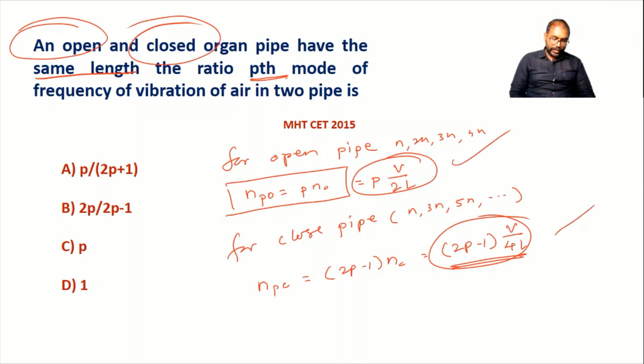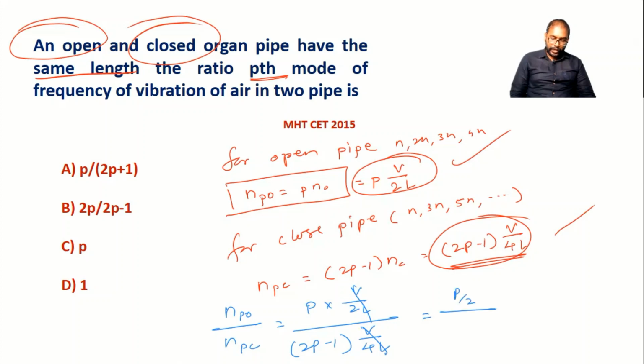So hence the ratio is the frequency of the pth mode for open pipe to the frequency of the pth mode for closed pipe. It is P into V upon 2L, and here it is 2P minus 1 into V upon 4L. Now V by L cancels. Then we get P by 2, and here 2P minus 1 divided by 4.